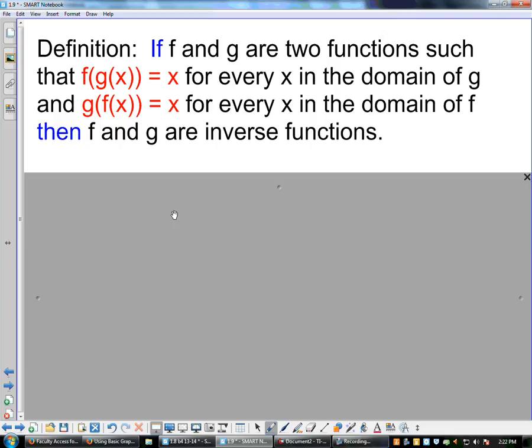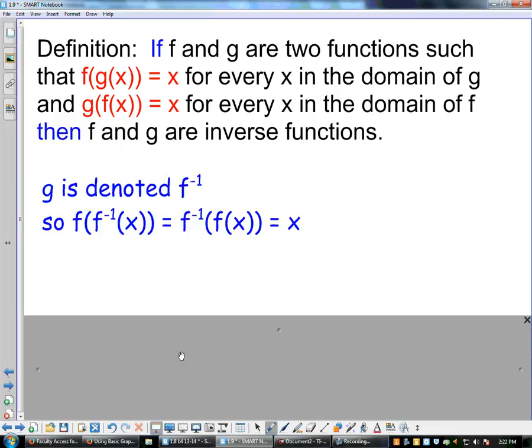All right? So if f and g are two functions, so that when we take the composite f of g of x and the other way, g of f of x, and we get x both times as our answer, then f and g are inverse functions. Everybody okay with that? Yeah.